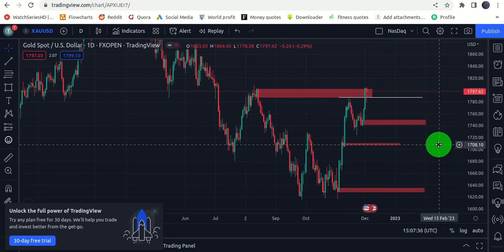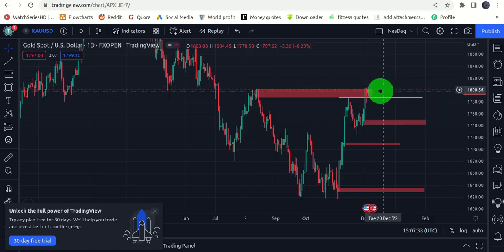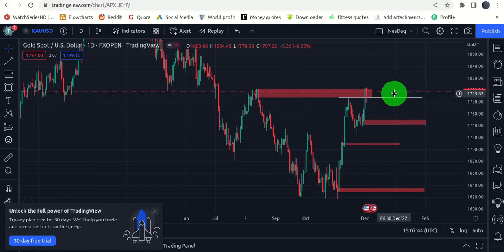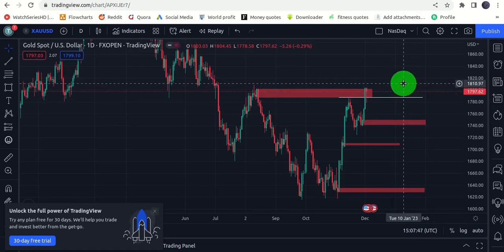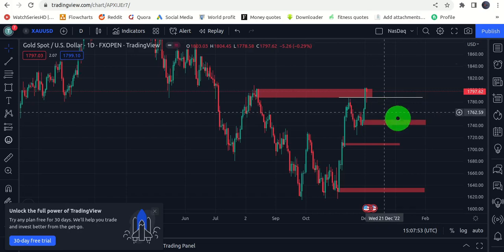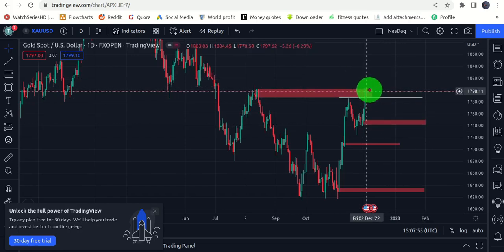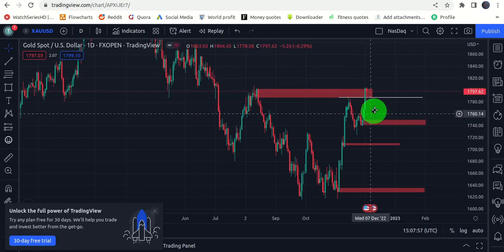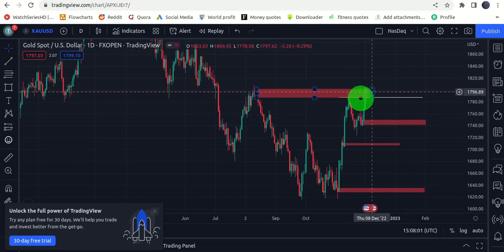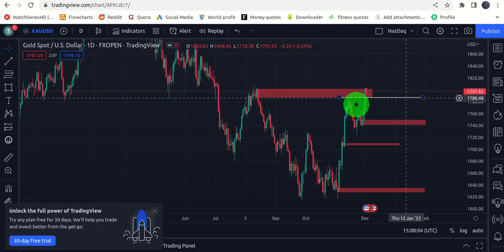So we just don't trade the market anyway. That's why I really like trading order blocks, is that it gives you a picture of where the market is going, rather than just opening up the chart and then just trading without having a plan. So for gold this coming week, I'm looking for a sell because we had a liquidity here which got taken out, and then we are inside of the order block, so I'll be looking for a sell.